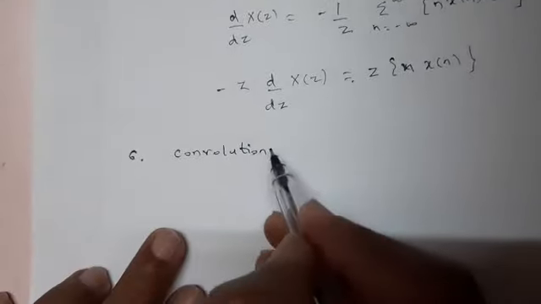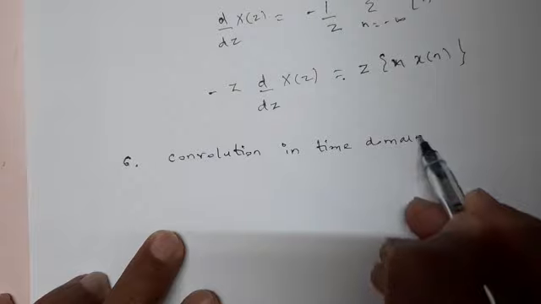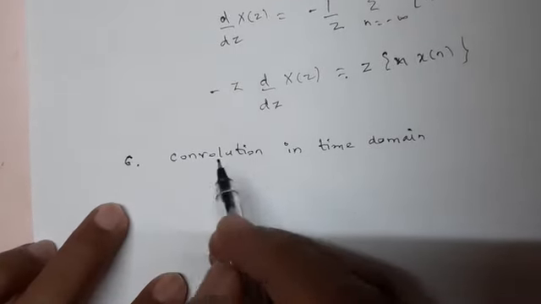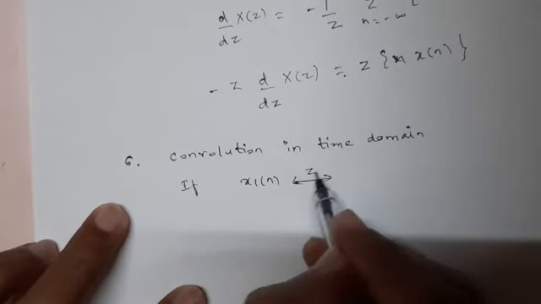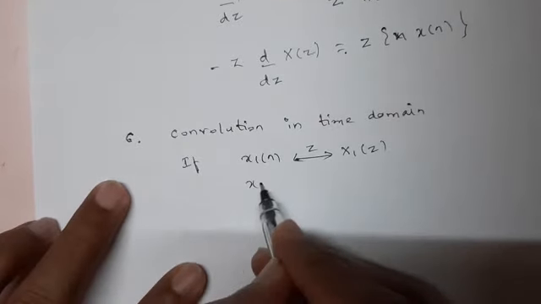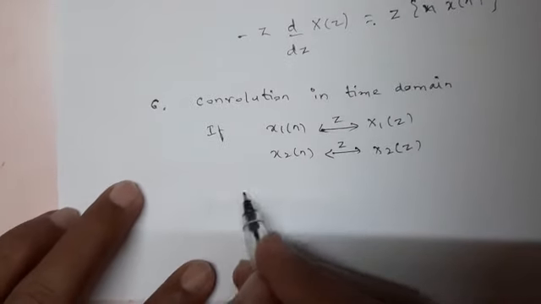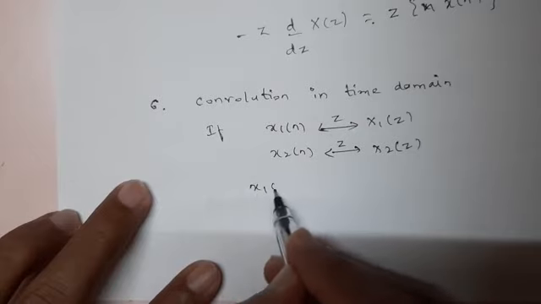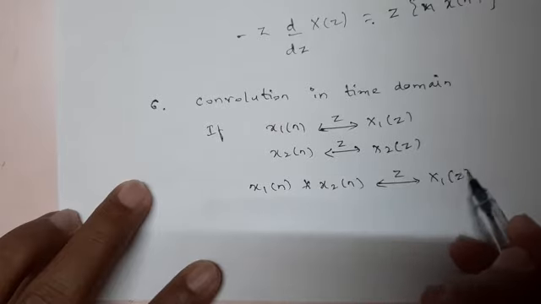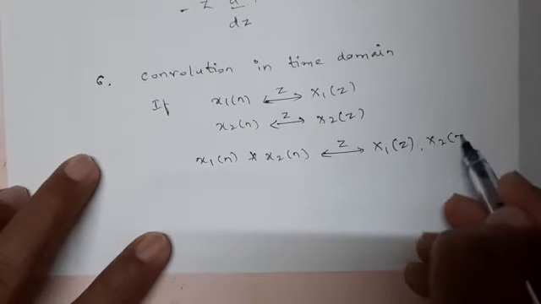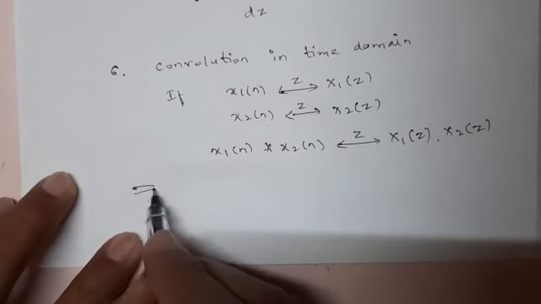Here what we have is, if the Z transform of x1 of n is X1 of z, and the Z transform of x2 of n is X2 of z, then it states that the Z transform of x1 of n convolution with x2 of n is X1 of z into X2 of z.